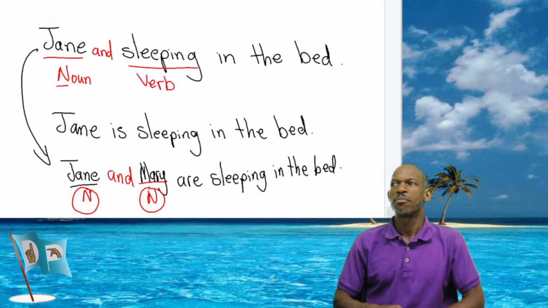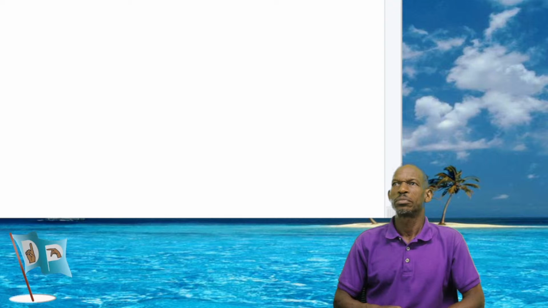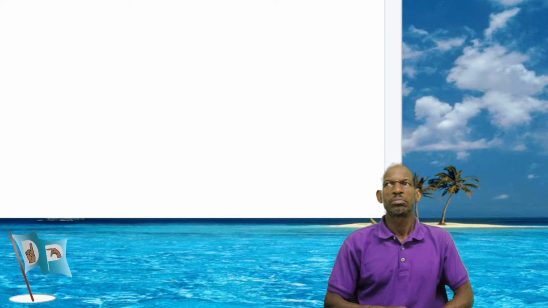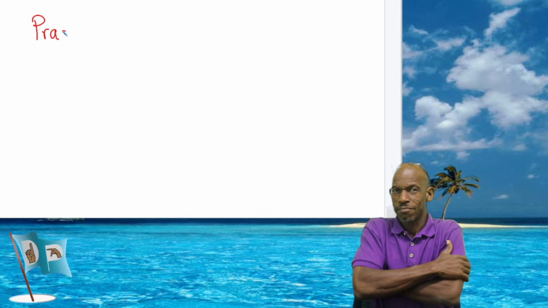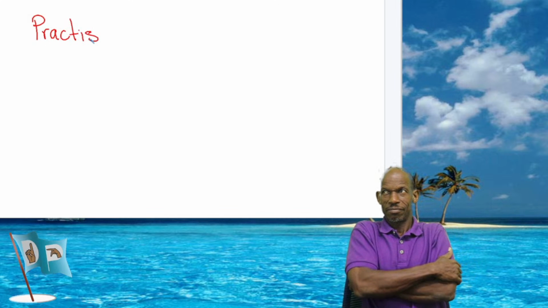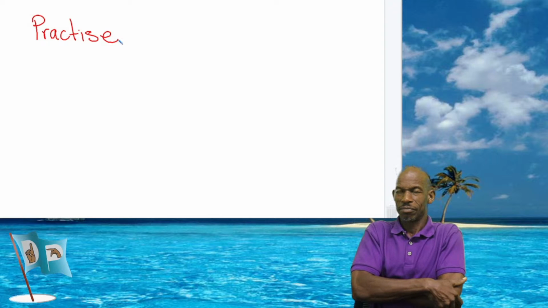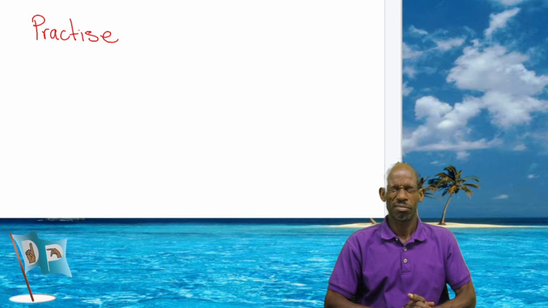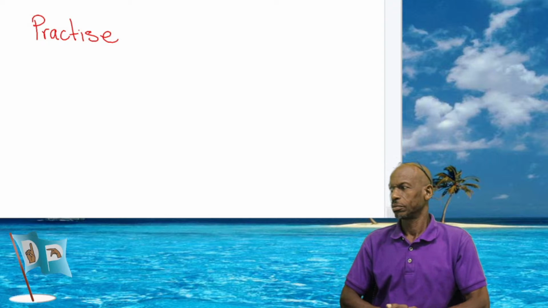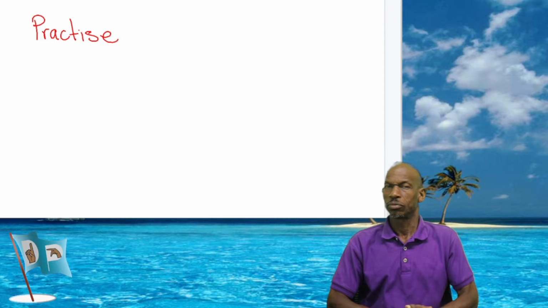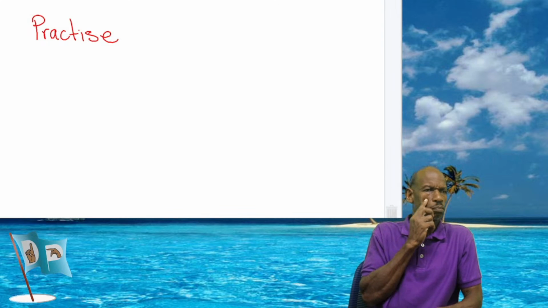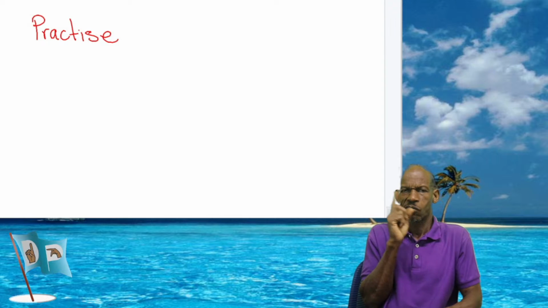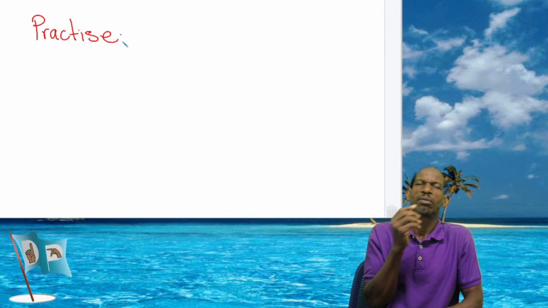So we finished that. Let's look at the time. All right, let's look at some practice then. Instead of me giving you another, let's look at some practice. You all have to find where to put the and. Okay, so I'm going to write a sentence, but and is missing.